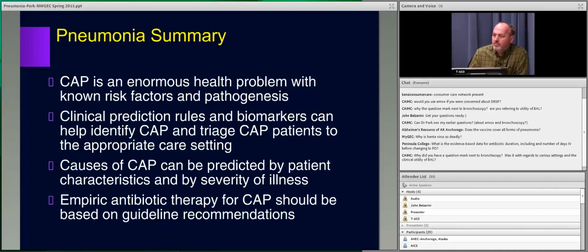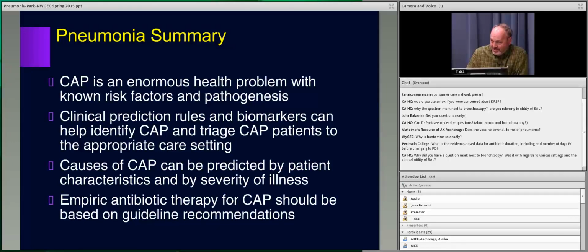What is the evidence-based data for antibiotic duration and number of days IV before changing to PO? There's pretty good evidence that you can switch from IV to PO antibiotics as soon as the patient's stabilized. So if they're eating, drinking, taking oral, not vomiting, switch to PO. As far as how long to continue the antibiotics, we have no idea.